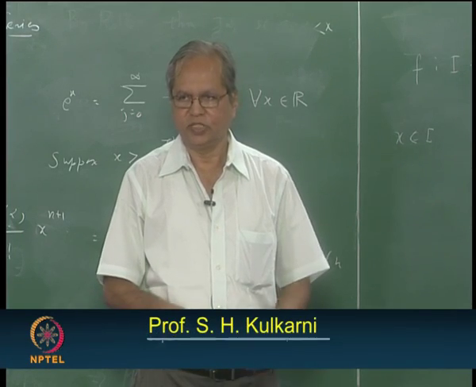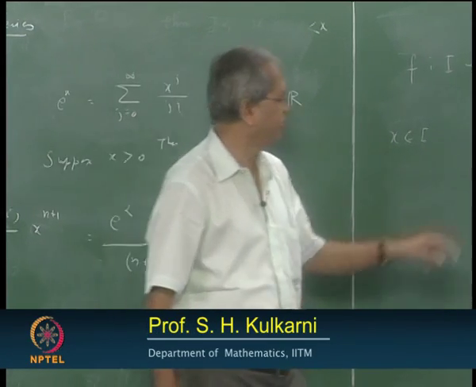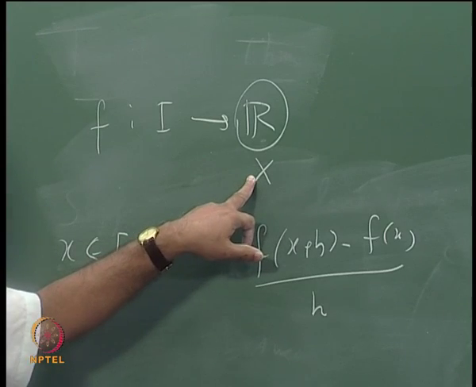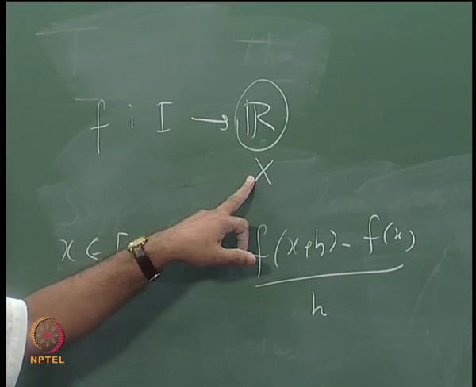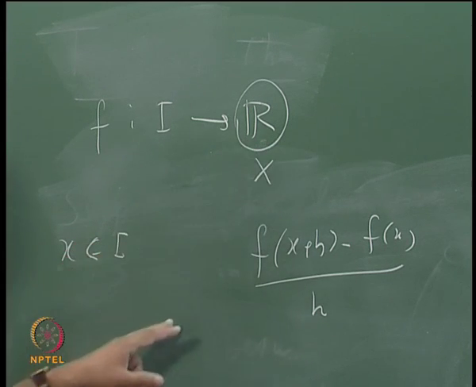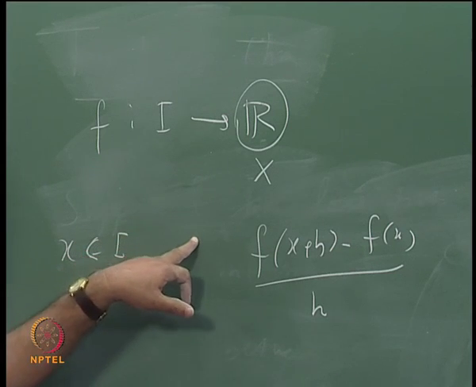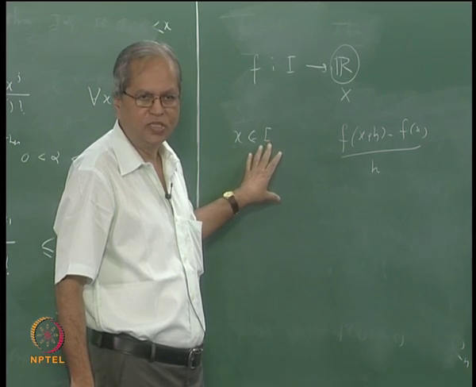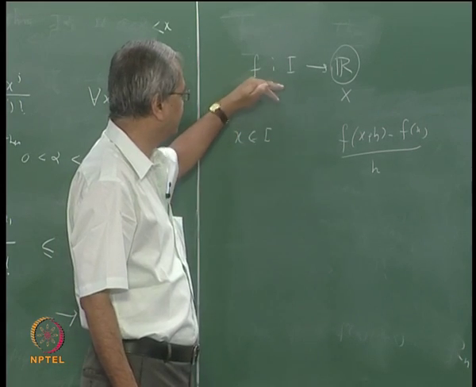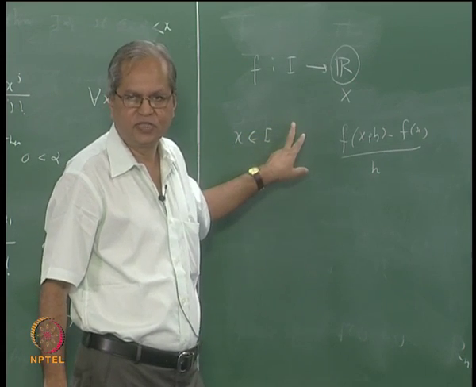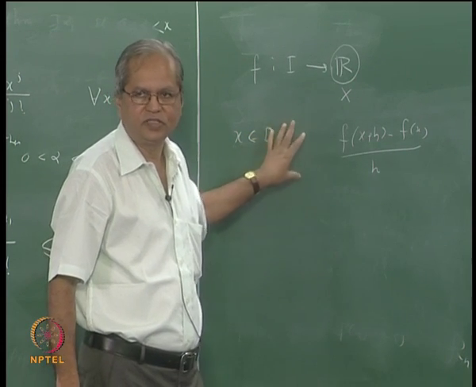So we can say that this R can be replaced by any normed linear space X. In particular we can think of functions which take values in complex numbers, R2, Rk, etc. We will not go into very detailed discussions of functions of those kinds, but we shall see a few elementary things about this, what the common things are between the derivatives of the usual functions and those kinds of functions, and what the main differences are, but that is something we shall discuss in the next class.